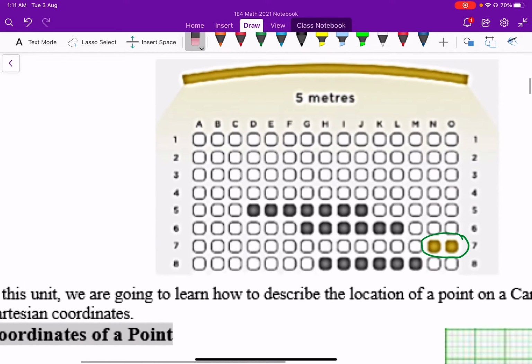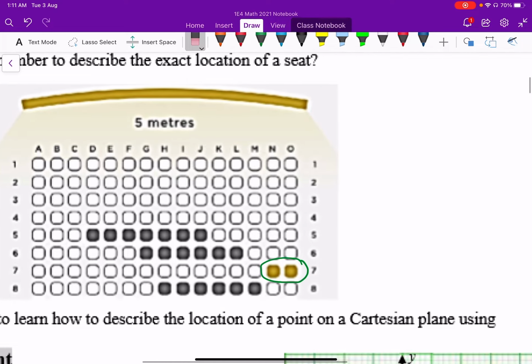Then we go back to this cinema theater here. If you were to name these two seats, what will you call them? What will you call this seat, and what will you call this seat? You can pause the video and discuss with your friend, or you can just think through first. Okay, you can try now.